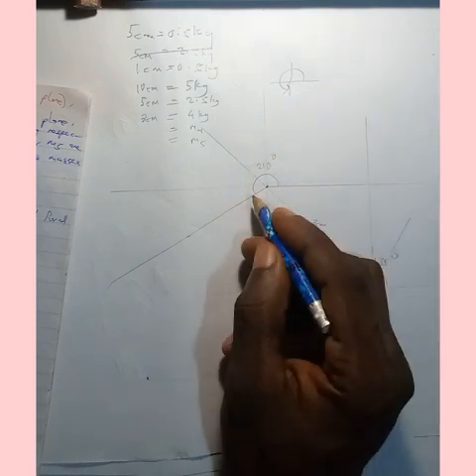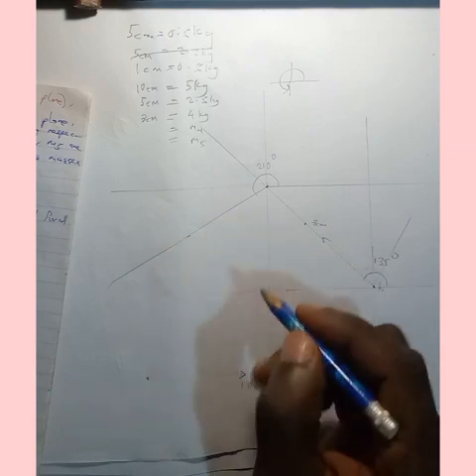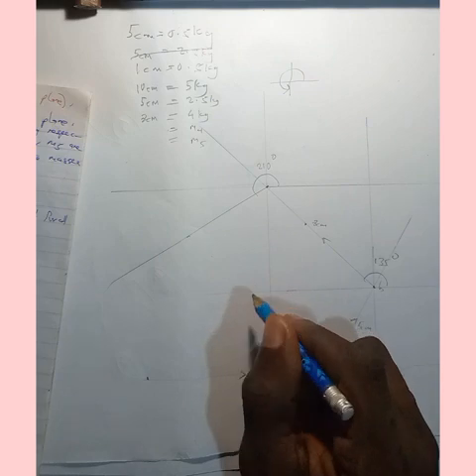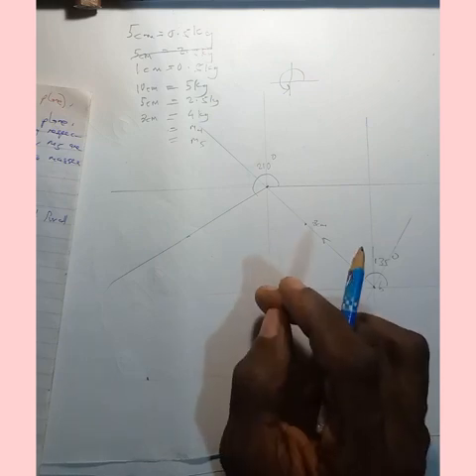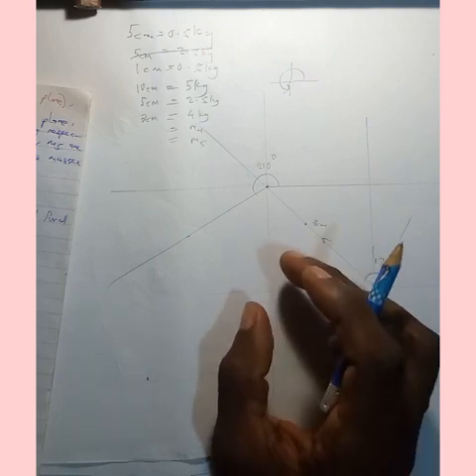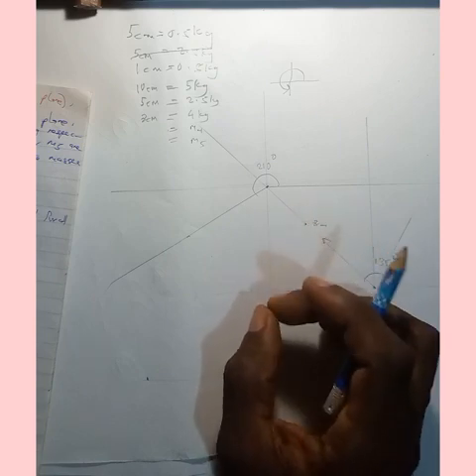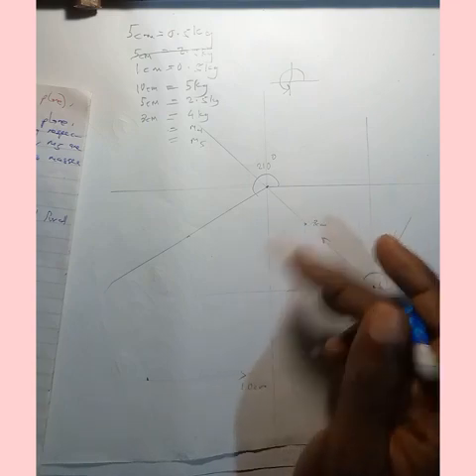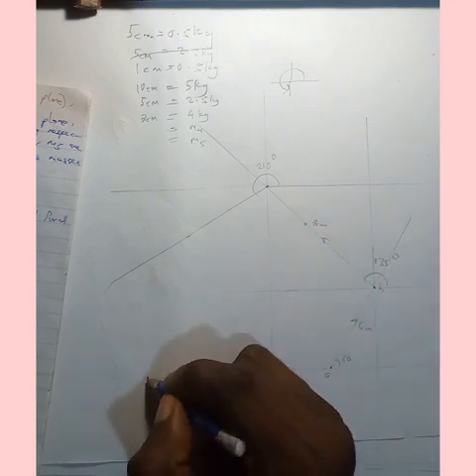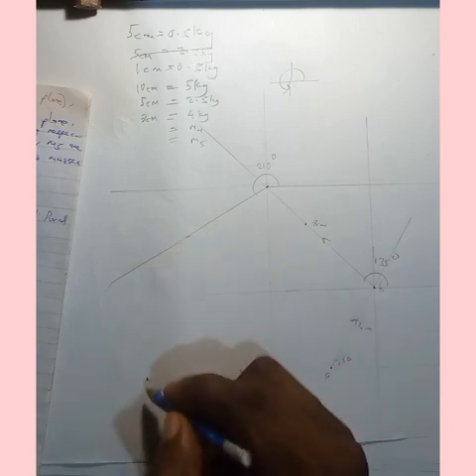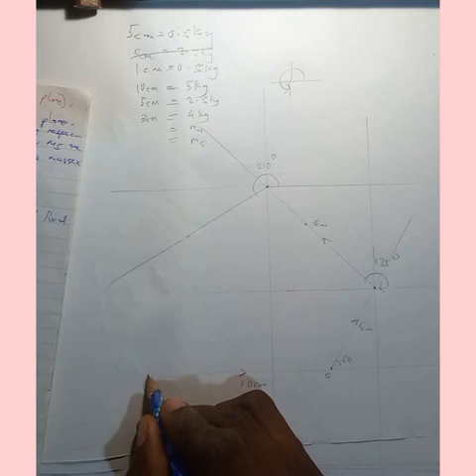Okay, so automatically we know that 270 degree is going to be vertically downward this way. Since we do not know the magnitude of this, and we know that this is supposed to form a closed force polygon, since the masses are rotating in the same plane, that implies that it is statically going to be balanced. Okay, so that means since we are going to have a closed force polygon, the beginning of this point is going to be the ending point of your fifth mass, which is M5.